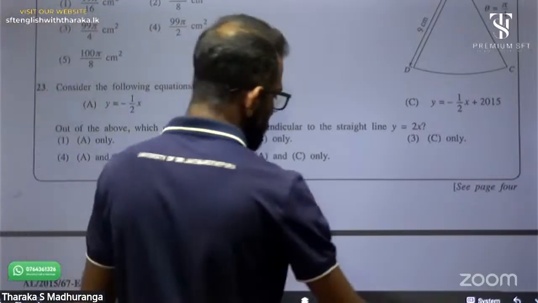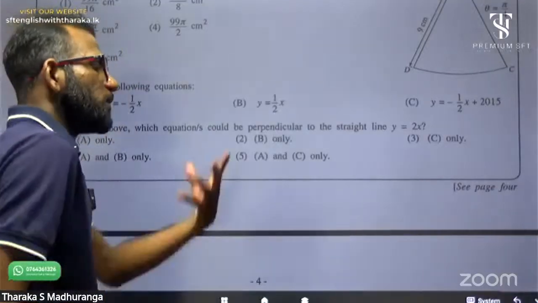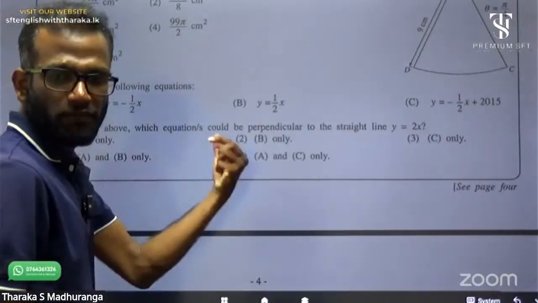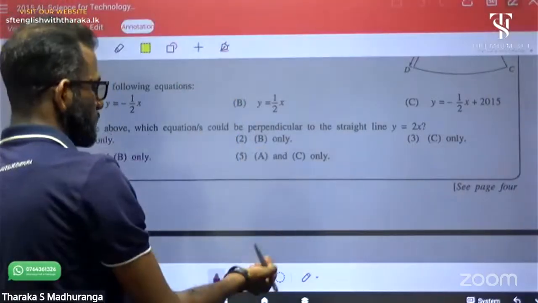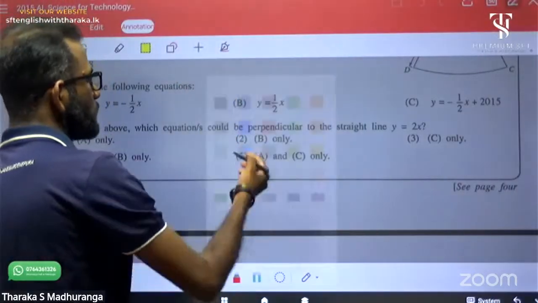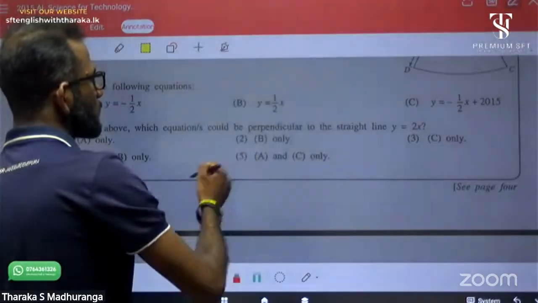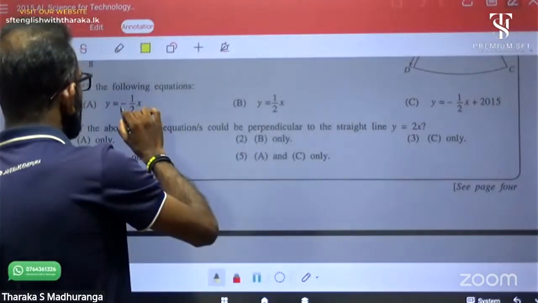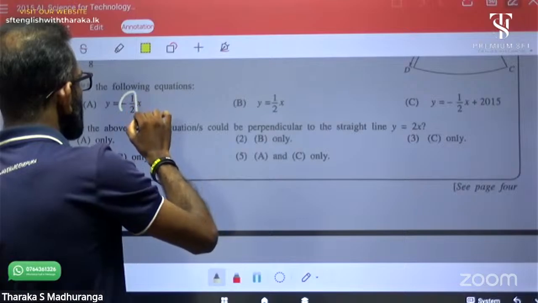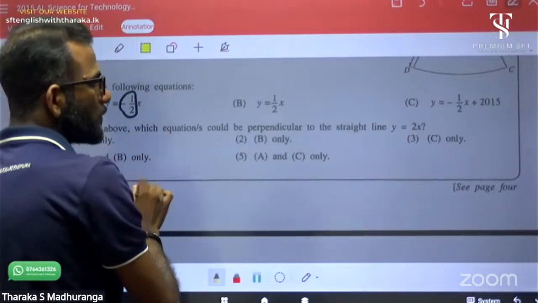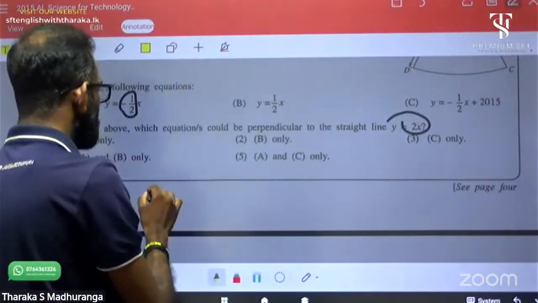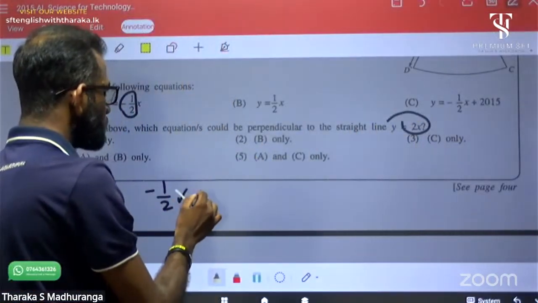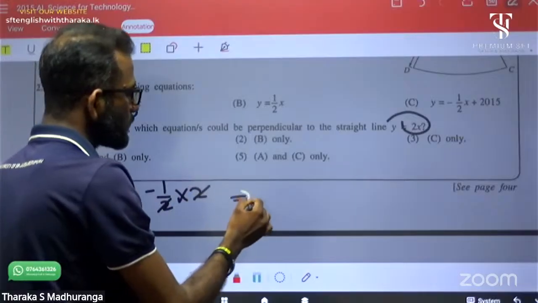Okay, you can check one by one. If it is perpendicular, their gradient multiplication is -1. Now what to do? A equation gradient minus half, then the given equation 2, then minus half into 2, it is -1, right?